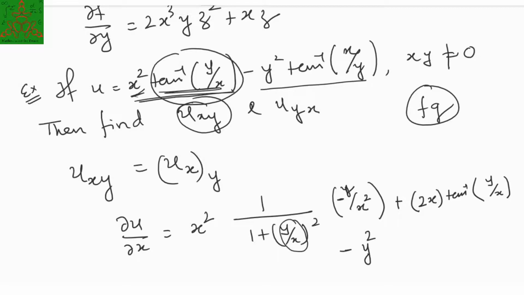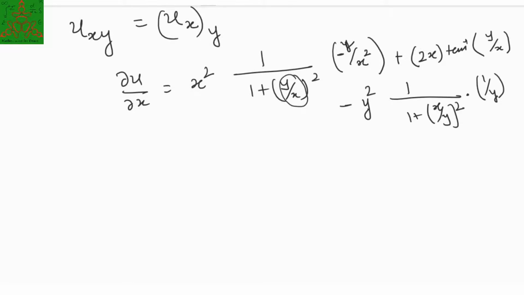The derivative of tan inverse of x by y with respect to x is 1 upon 1 plus x by y whole square into 1 by y by chain rule.